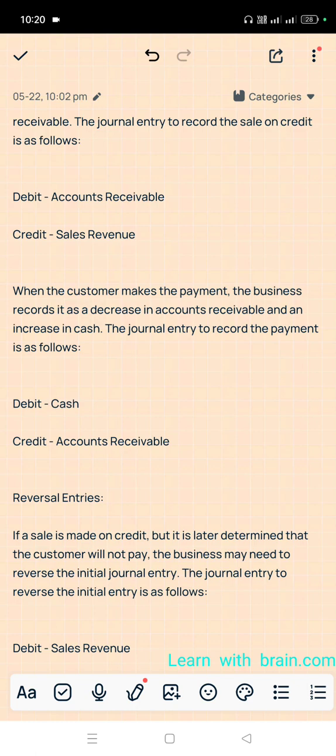So now we have to credit accounts receivable. What have we received now? Cash. So as per the real account rule, we have to debit cash account, credit accounts receivable account. Now the current asset decreases. At the time of sale, we debited accounts receivable. Now we credit accounts receivable account.